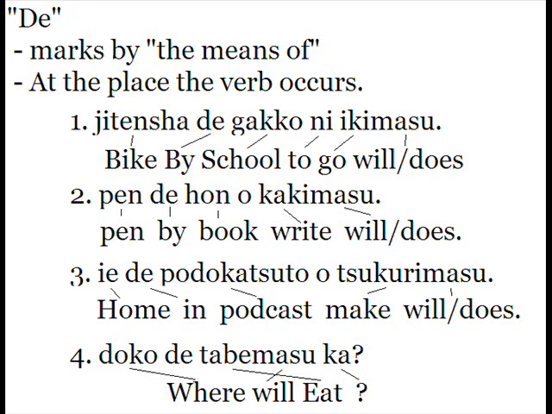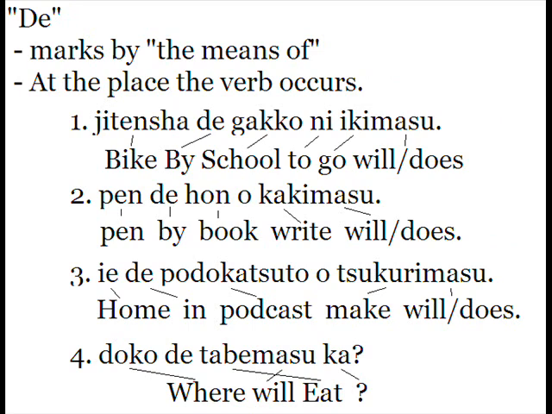So, number 1, 自転車で学校に行きます。By means of bike, I will go to school. So you have 自転車で, that's by means of bike. 学校に, to school. And then 行きます, will go.